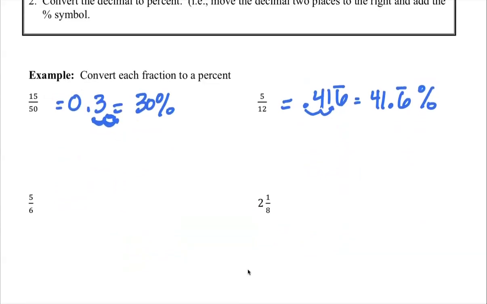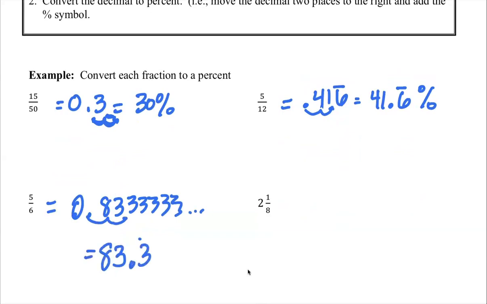Few more. 5/6. 5 divided by 6 on the calculator is 0.83 repeating, which means I'm just going to do this to emphasize what that repeating means. When we move it 2 to the right to get it into a percentage, 83.3 repeating percent.